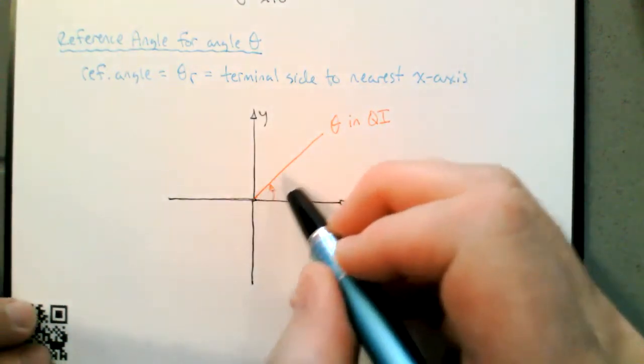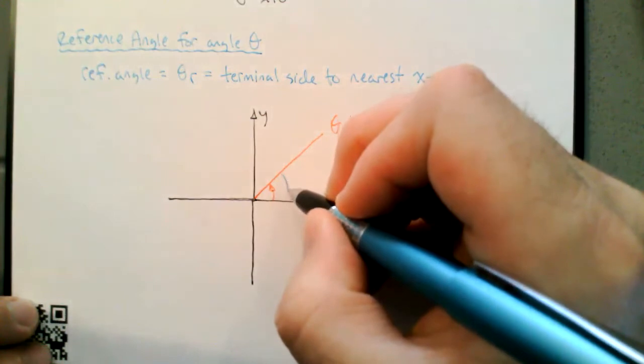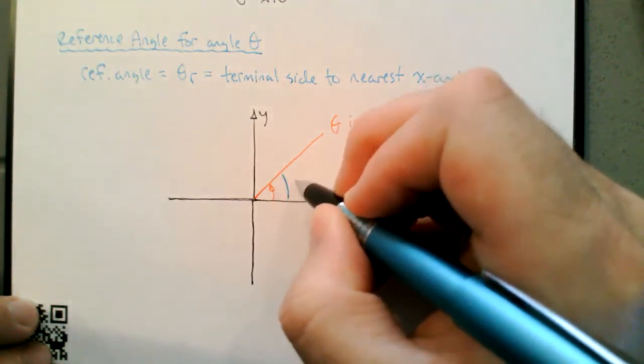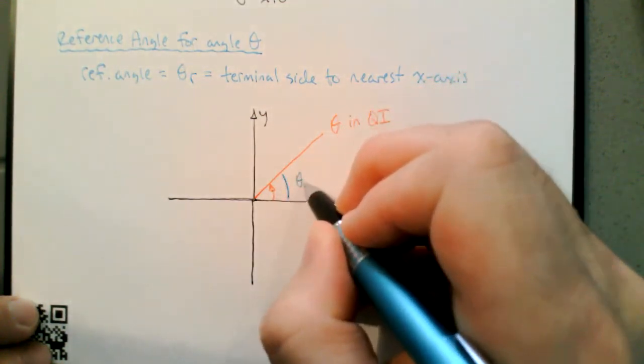So I want to go from the terminal side to the nearest x-axis. This is the angle theta r.